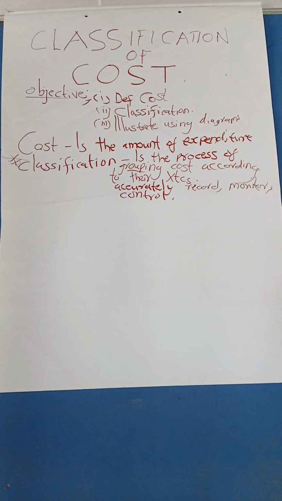Good. Now, let us venture into the various classifications of cost. I will start with this: costs can be classified according to their behavior. For the learners, you can get a question: state and explain the classification of cost with a well-labeled diagram.